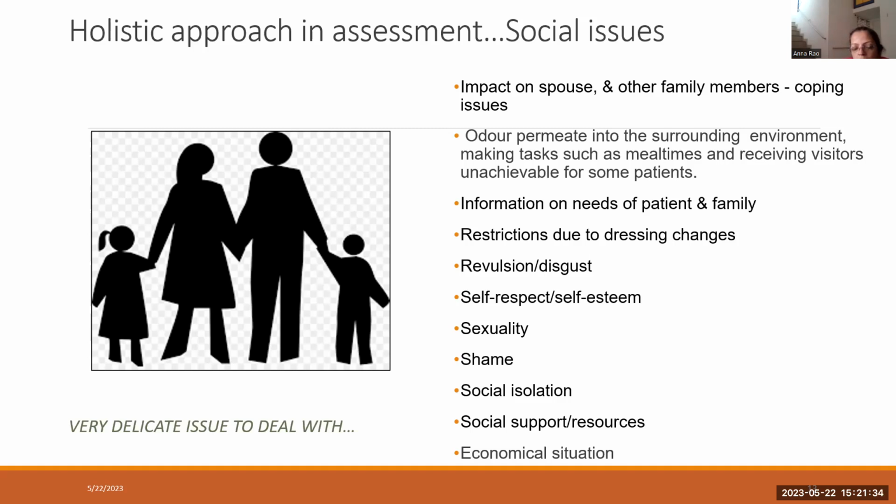The patient may have a lot of problems economically, right? Every now and then the patient may have to go for dressing, and at home it may become very difficult to dress the wound. Who is taking care of the patient? All these things are very delicate issues to be discussed, so we need to find out in a proper way.